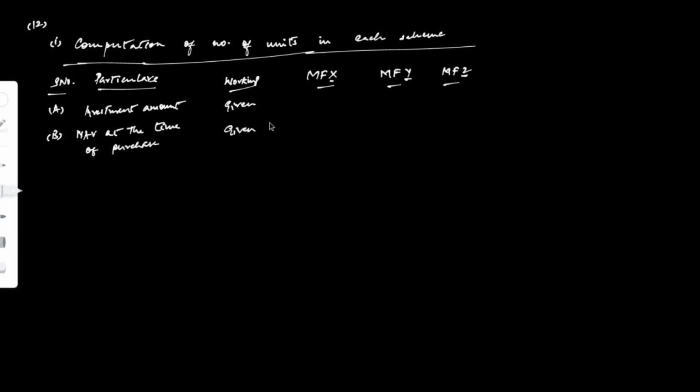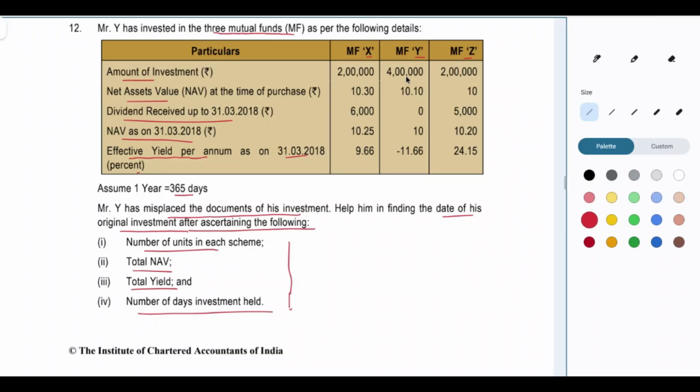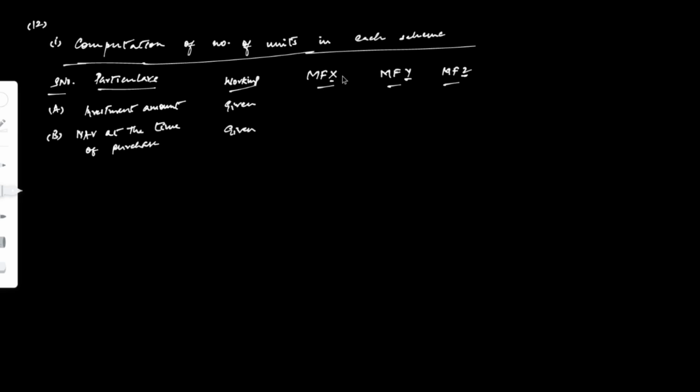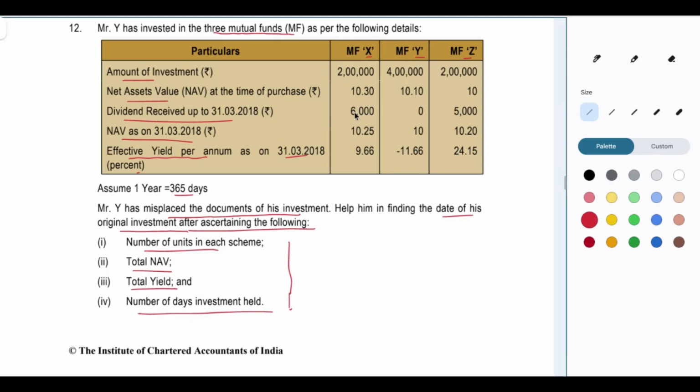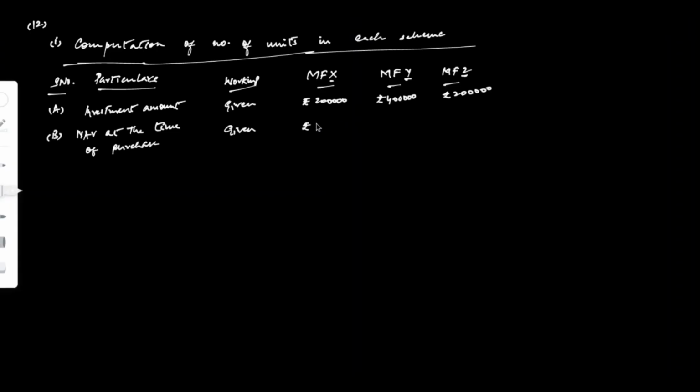Now what are the values? Investment amounts are 2 lakh, 4 lakh, 2 lakh, and NAV is 10.3, 10.1, and 10 rupees.